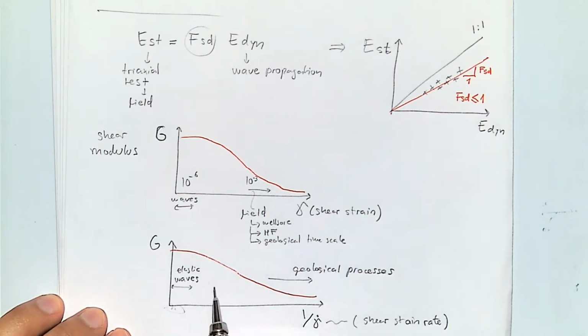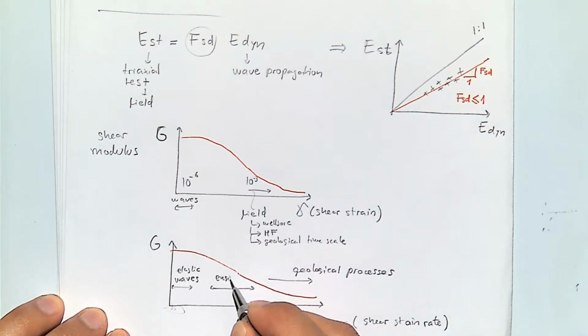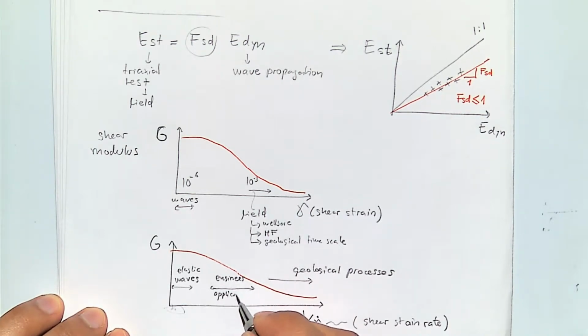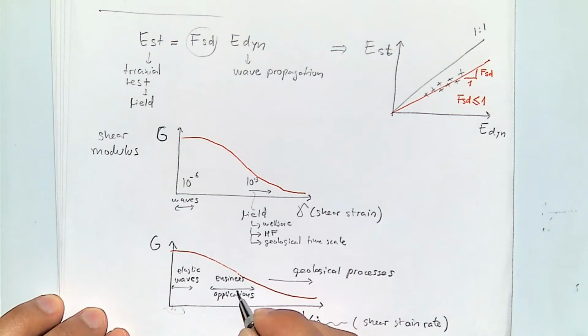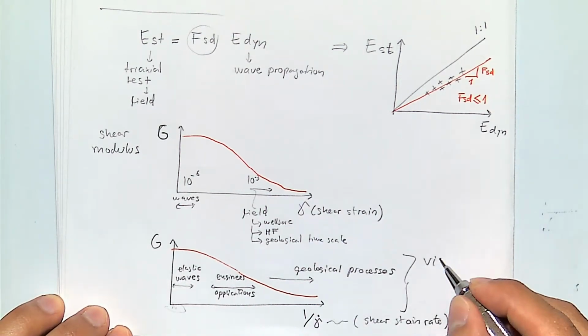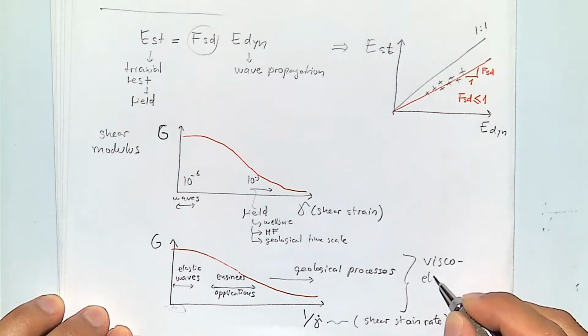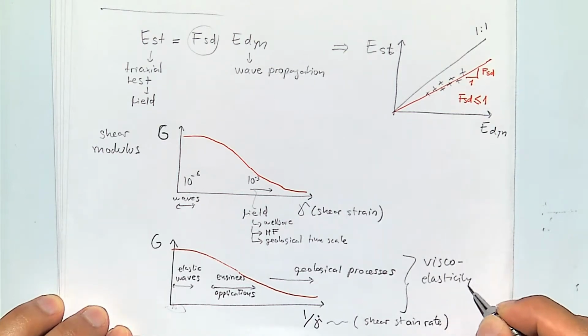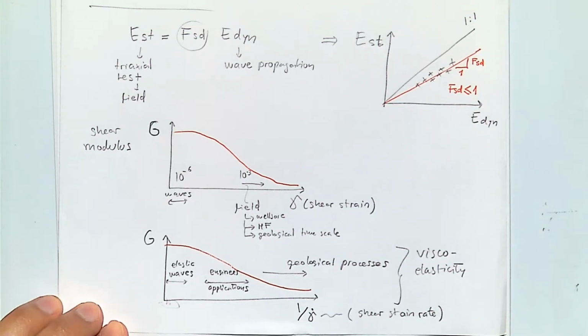And somewhere here in between, we have engineering applications. And this problem is related to viscoelasticity. Something we didn't talk about yet, but we'll talk a little bit later on.